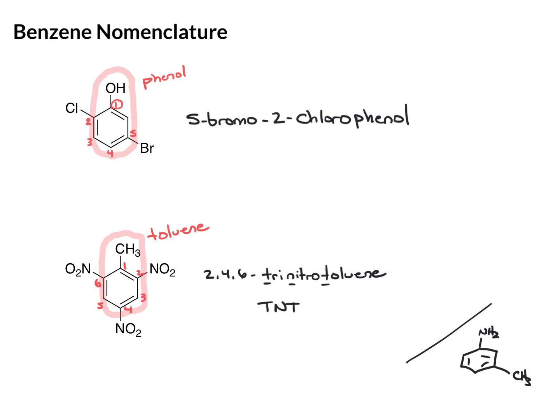And there's various rules as far as what gets priority. The one thing that I will go ahead and at least tell you is that the CH3 is kind of the lowest priority. So in this case, the aniline would be the parent functional group. And the CH3 would just be a methyl substituent.